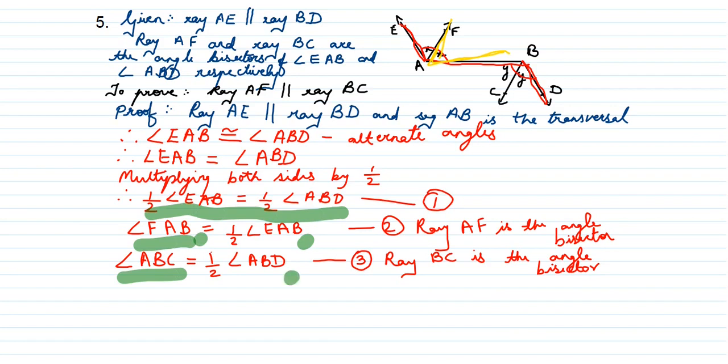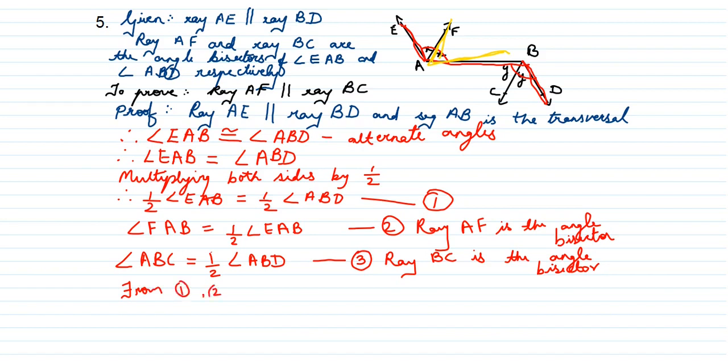So what we'll get over here is from 1, 2 and 3, we get angle FAB is equal to angle ABC.